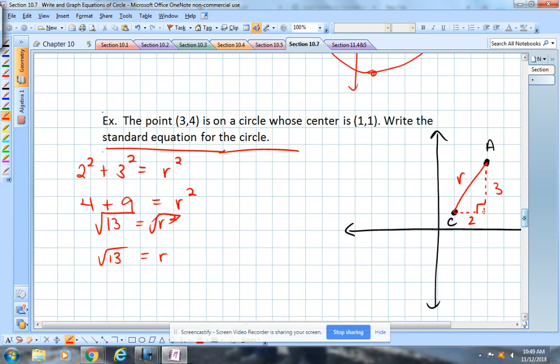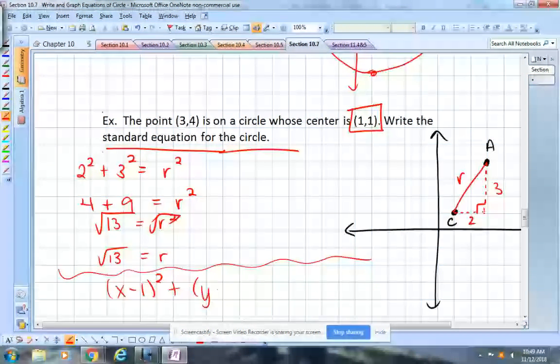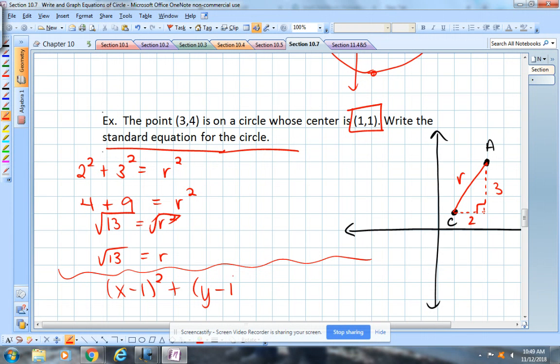Now, for the equation of the circle, do I know the center? Do I know the radius? Yes. So I'm going to say x. Now my center is 1, 1, right? So x, so I put plus or minus. Minus 1 squared plus y minus 1 squared equals radical 13 squared.